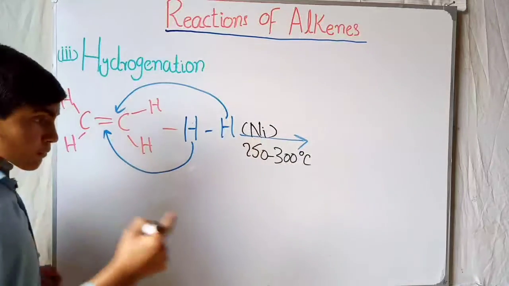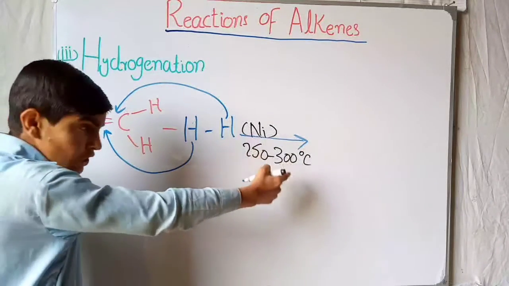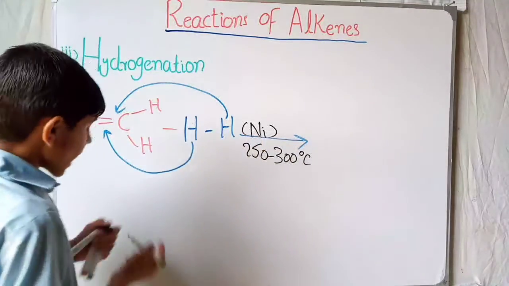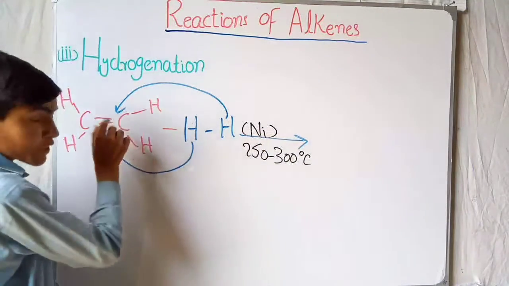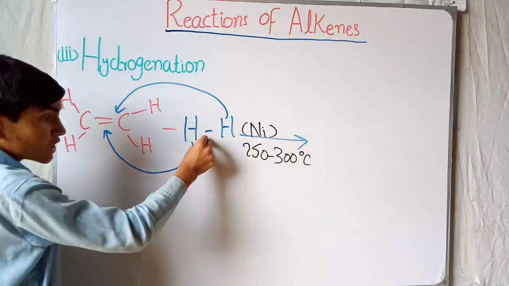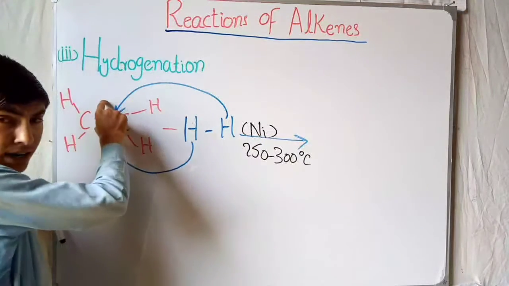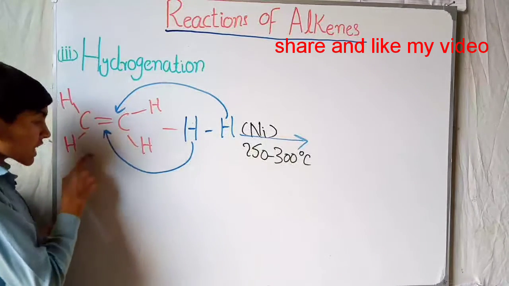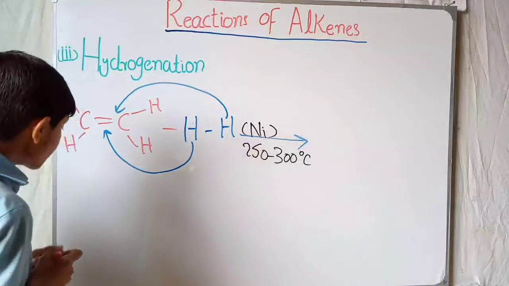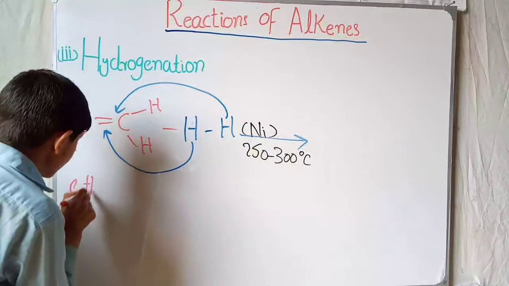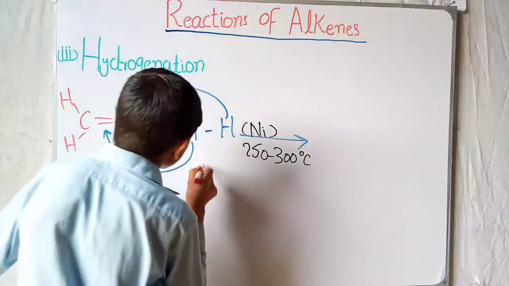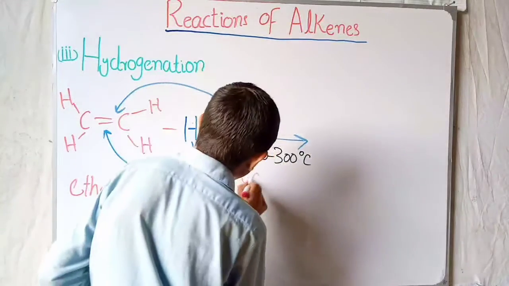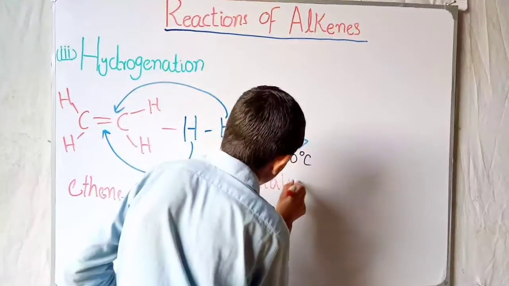The temperature remains from 250 to 300, in the presence of nickel as the catalyst, and the double bond of the carbon atoms is converted by the H2 into a single bond. The unsaturated hydrocarbon alkene, ethene, and this is an H2 molecule, and this is the catalyst.